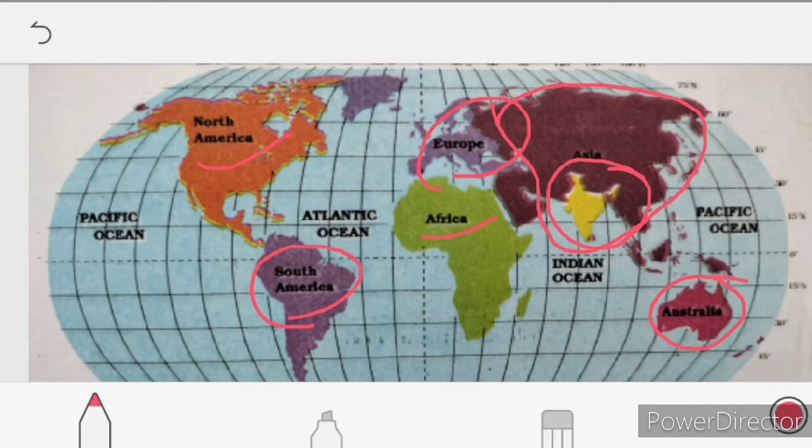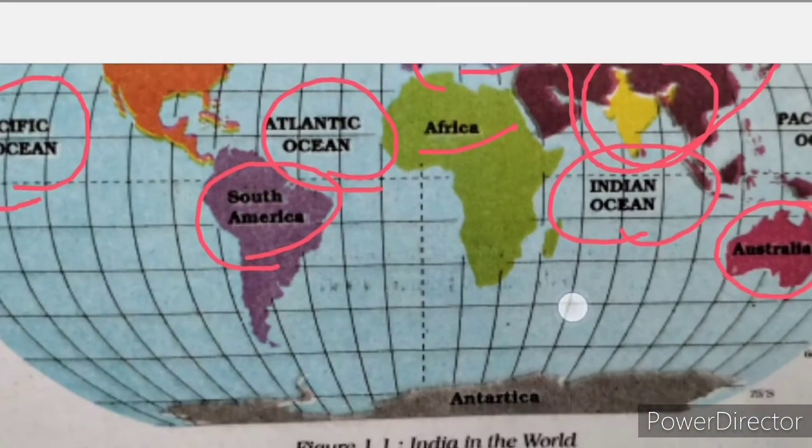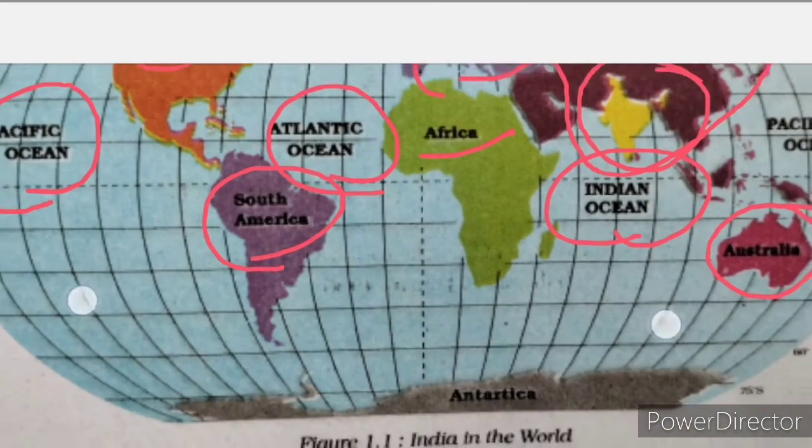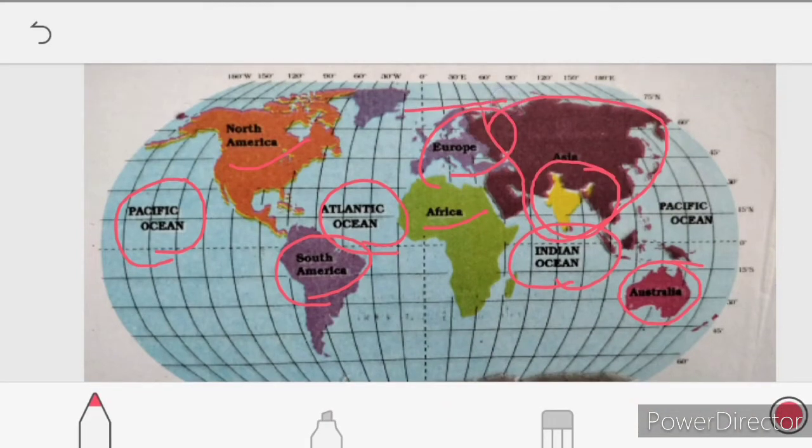We also see the oceans on the earth, named Pacific Ocean, Atlantic Ocean, Indian Ocean, Antarctica Ocean, which is also called the Southern Ocean, and Arctic Ocean, which we find here. When we go from here to there, the Pacific Ocean is the same.